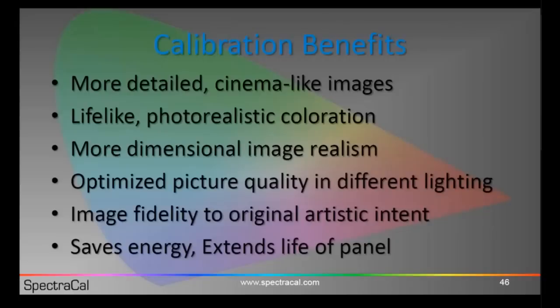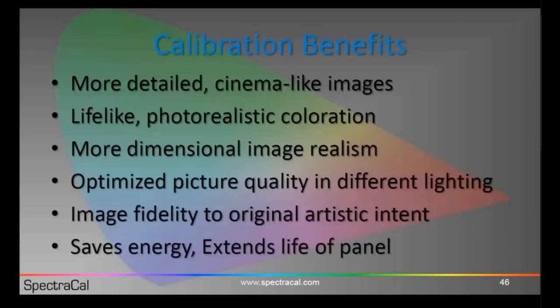The calibration benefits are, of course, a more detailed cinema-like image by eliminating the excessive artifacts in the picture. It's going to have more lifelike, photorealistic coloration. Because of the grayscale calibration, we're going to be able to see more accurate shades of gray, and we're going to have a more dimensional image. Even if it's not a 3D picture, just a standard 2D picture will look more lifelike, more dimensional with an accurate calibration.